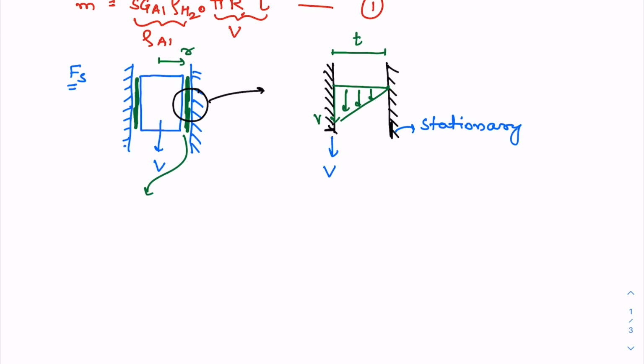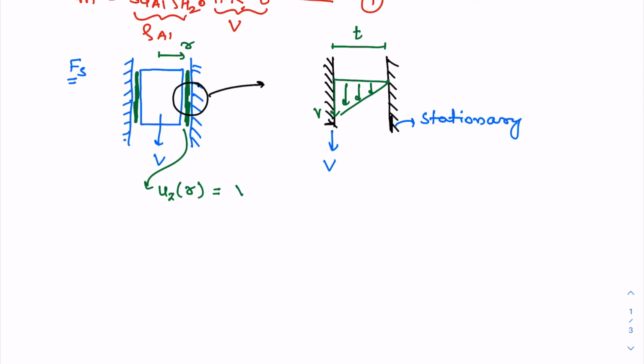Now we are told in the question to assume the velocity of this thin oil film to be linear. So I can write the z velocity of the fluid film as a function of coordinate r, and it comes out to be v times capital R minus small r, divided by T. Here capital R is the radius of the steel tube, and T is the thickness of the oil film between the piston and the outer steel tube.